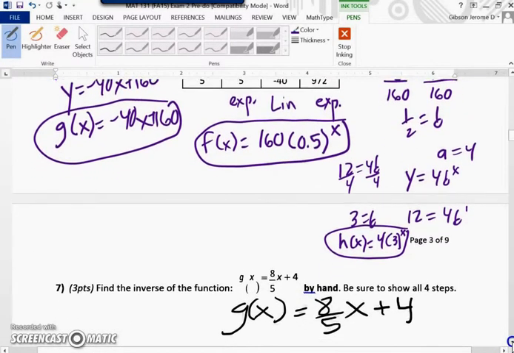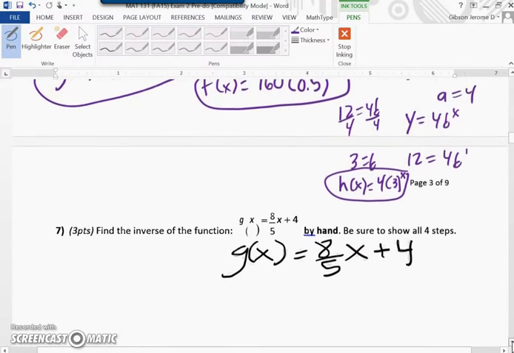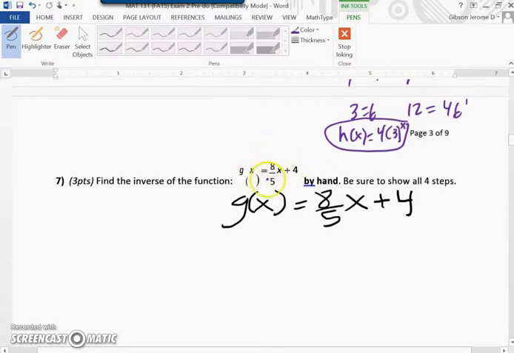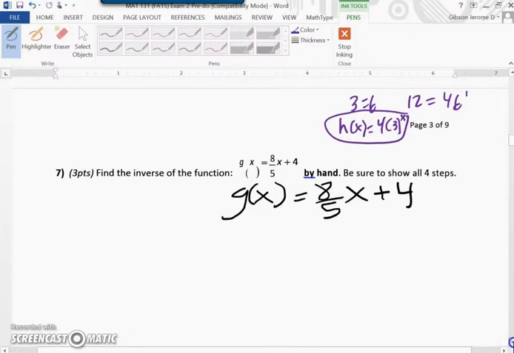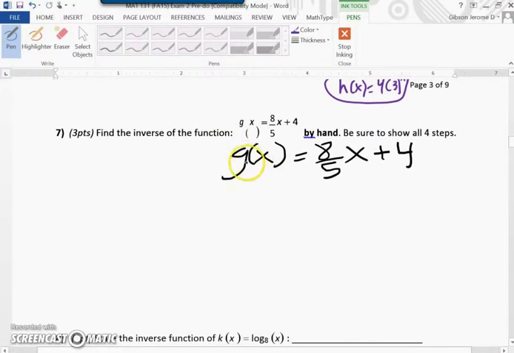Okay, now for number 7, I rewrote it because it had skipped up here. It's really g of x is equal to 8/5 x plus 4, and they want us to find the inverse function. Now remember, I always tell you, and this is just for me, you don't have to do it, but I like to change this to a y.